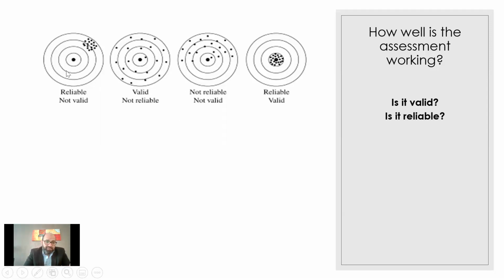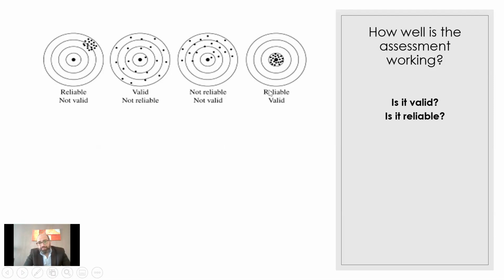This is non-valid but reliable, because the scores are always or almost the same every time you try to hit the dart. This one is not reliable and not valid, because you are not hitting, you cannot reproduce the results and you are not achieving your goal.